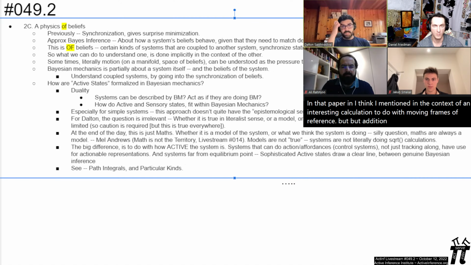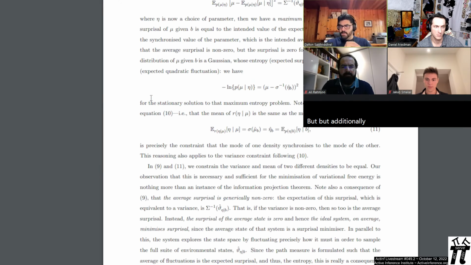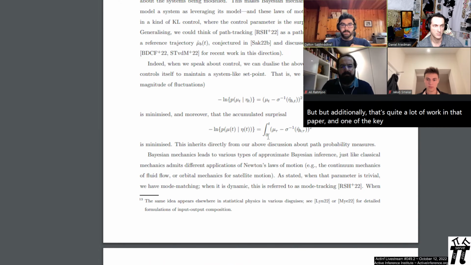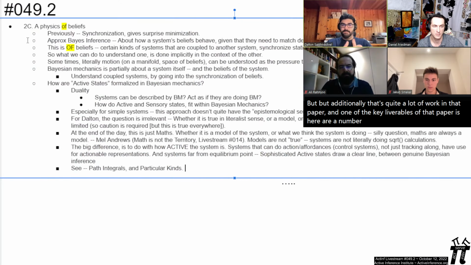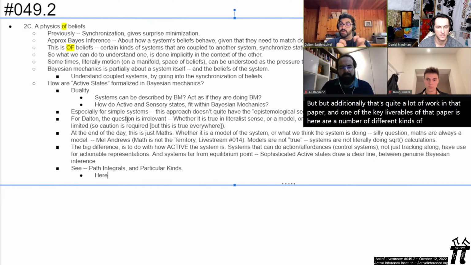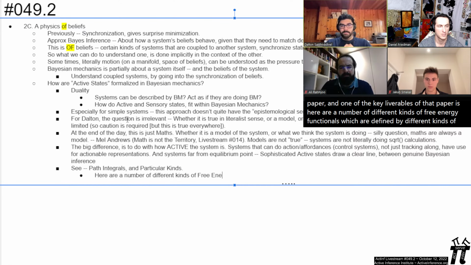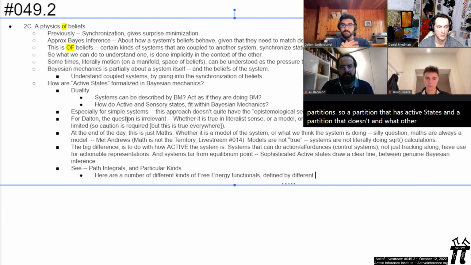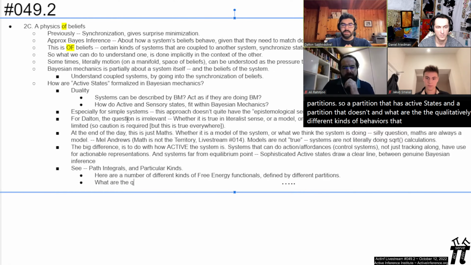But additionally, there's quite a lot of work in that paper. And one of the key deliverables of that paper is, here are a number of different kinds of free energy functionals, which are defined by different kinds of partitions. So a partition that has active states and a partition that doesn't. And what are the qualitatively different kinds of behaviors that we're able to describe?